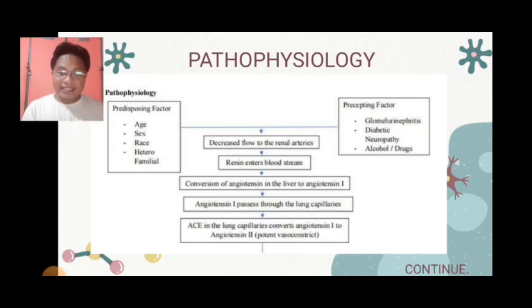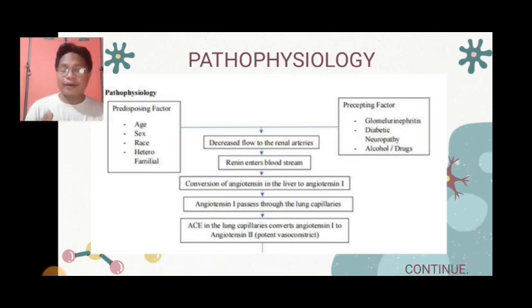Angiotensin 2 is a potent vasoconstrictor that can increase blood pressure. It elevates and contributes to the pathophysiology of the condition and may lead to complications such as hypertension and fluid imbalance.